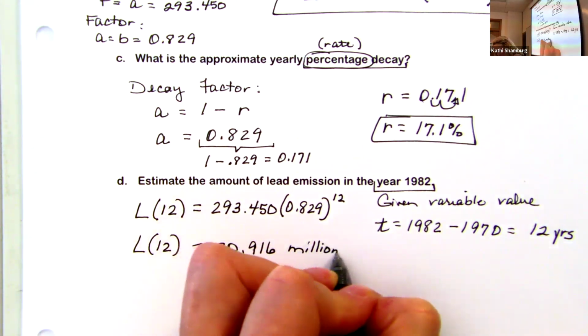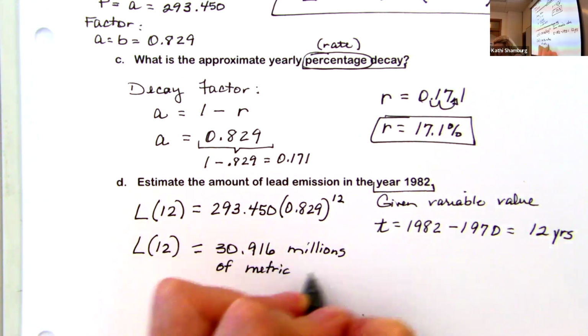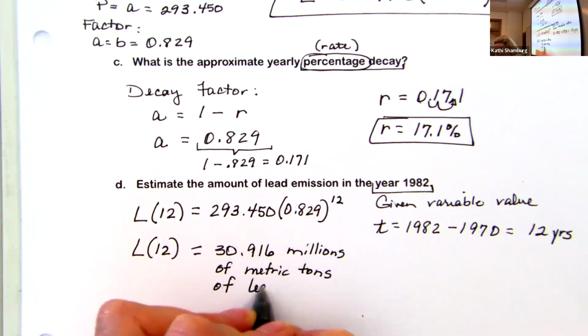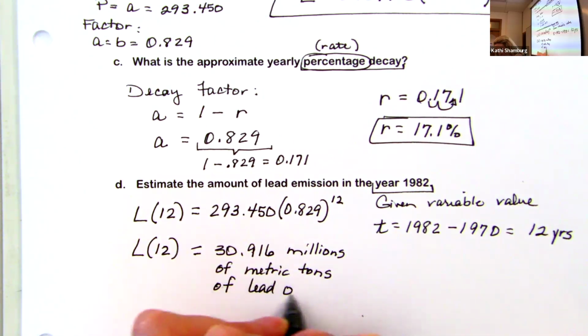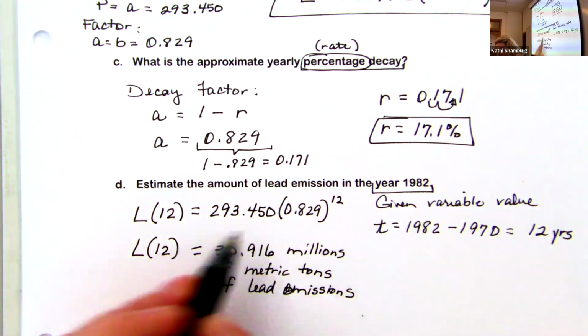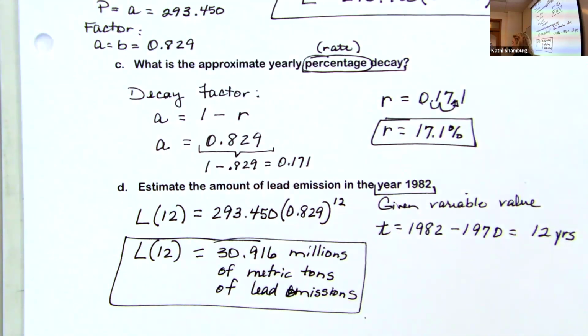Millions of metric tons of lead emissions. Oops, can't spell emissions. All right, I want to try to get through A and B of the next one and then we'll call it a day.